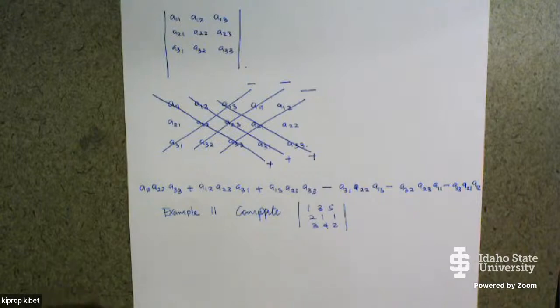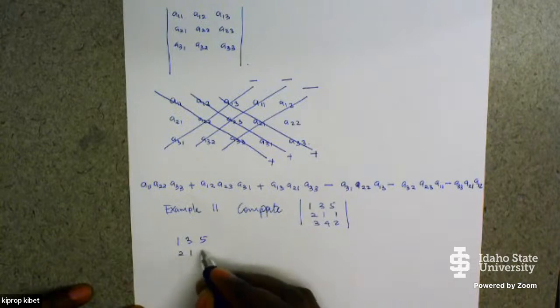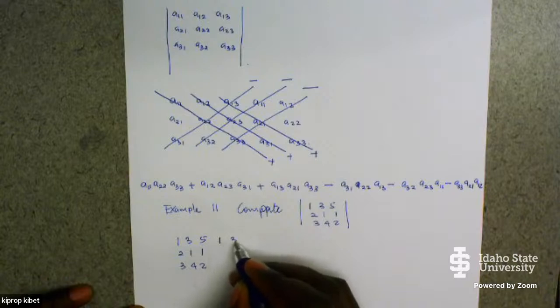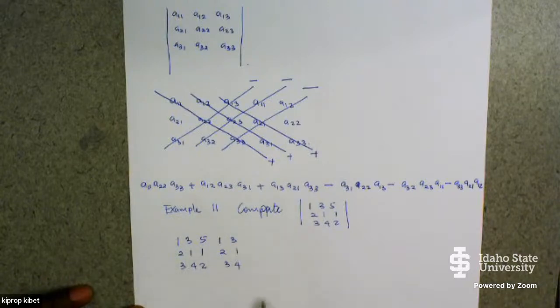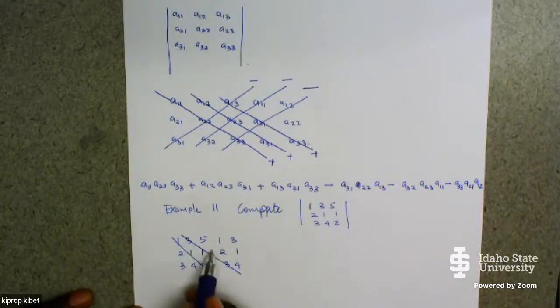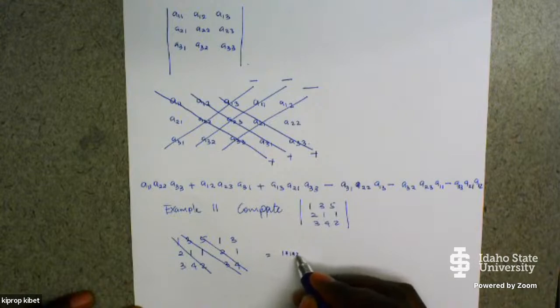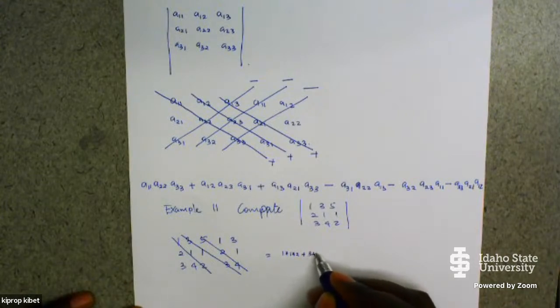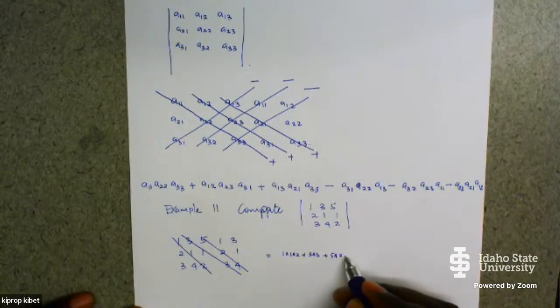You take this matrix, add the two columns there, 1, 3, 2, 1, 3, 4, and then multiply along the diagonals. So this equals 1 multiplied by 1 multiplied by 2 plus 3 multiplied by 1 multiplied by 3 plus 5 multiplied by 2 multiplied by 4.